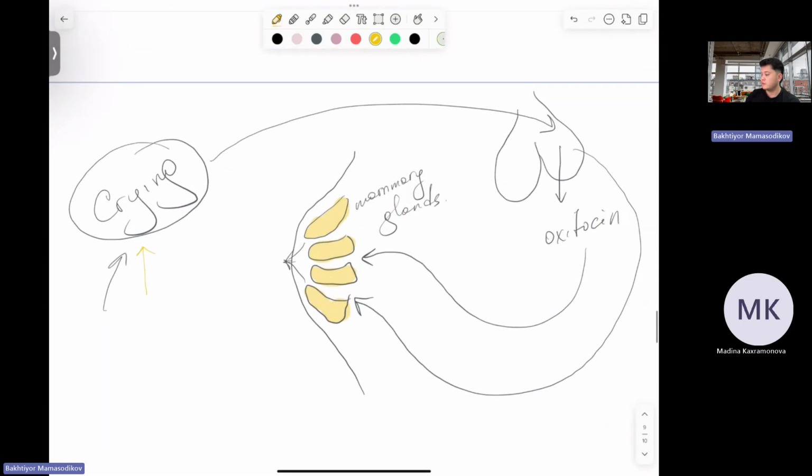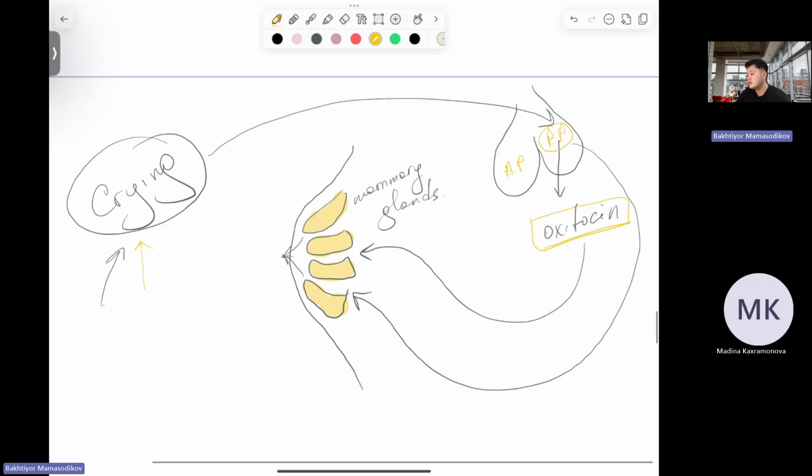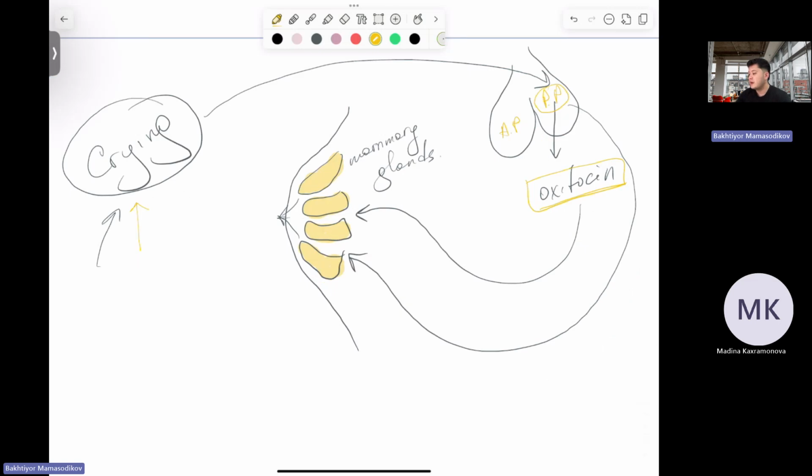And one hormone I should mention is oxytocin. Oxytocin is released from the posterior pituitary. This is the anterior pituitary. This is the posterior pituitary, where the oxytocin hormone is released. The function of oxytocin is going to the mammary glands and squeezing them for milk ejection. So milk ejection happens because of oxytocin. Oxytocin is released in response to the baby crying.